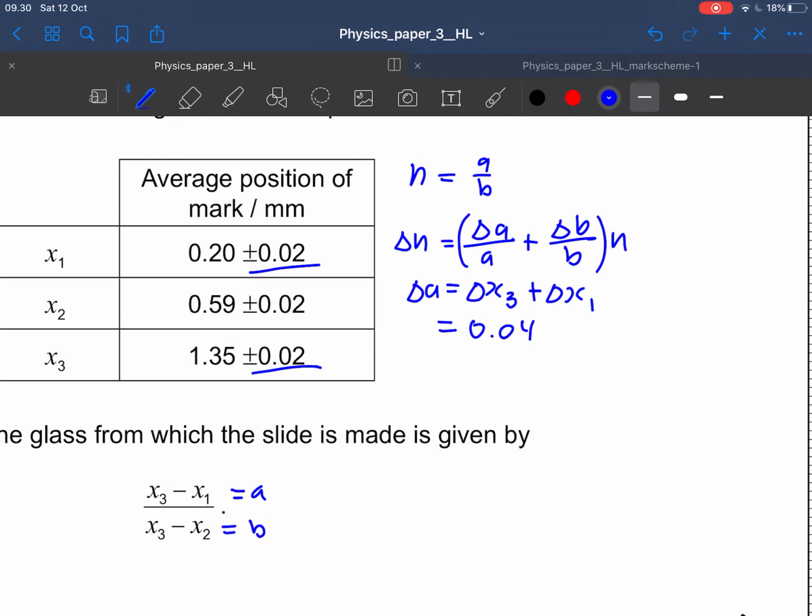And delta A, since these are the same, is also equal to delta B. We also need to find A, which is equal to 1.35 minus 0.2. And B is equal to 1.35 minus 0.59. A is equal to 1.15, yes.